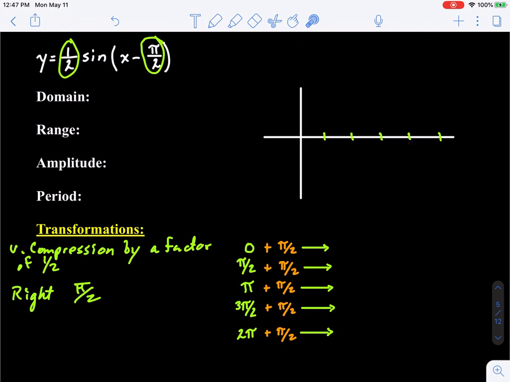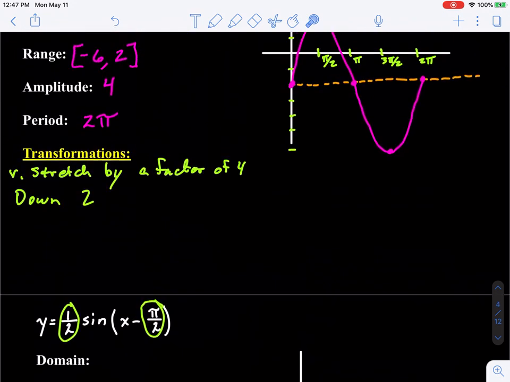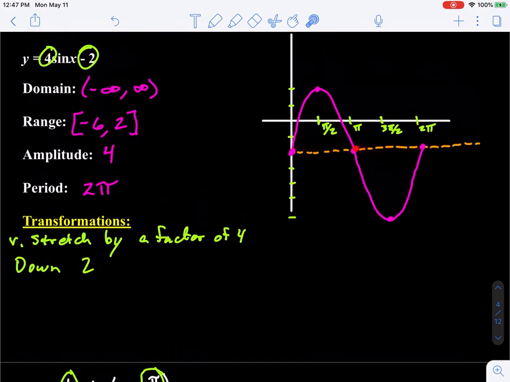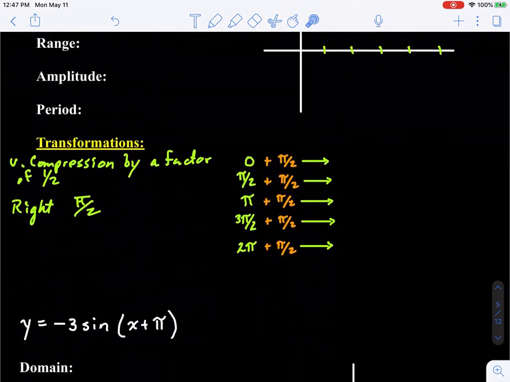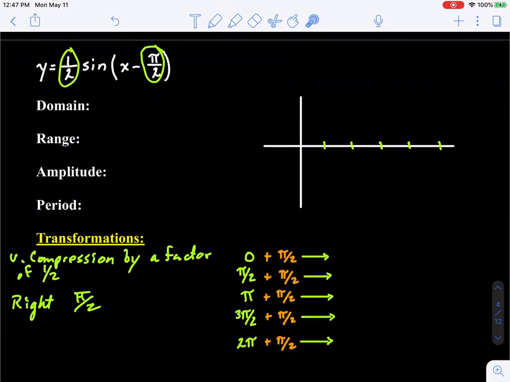Now, if you think about this shift right here, this is to the right pi over 2, which means we would be taking this whole graph right here and shifting it to the right pi over 2. Shifting to the right means that we are adding pi over 2 to each of those x values. So the 0 point that we usually started with is now going to be right here. So 0 plus pi over 2 gives you pi over 2.